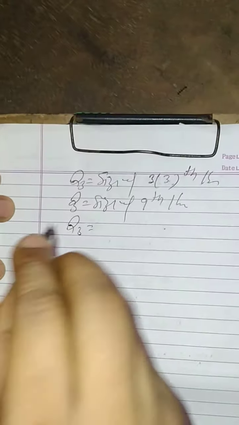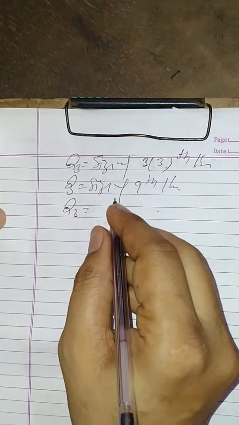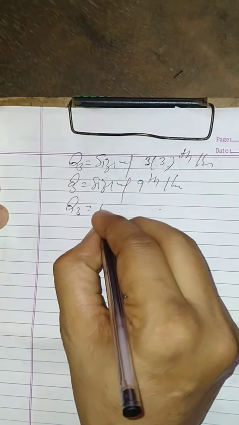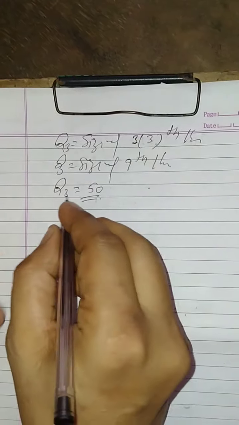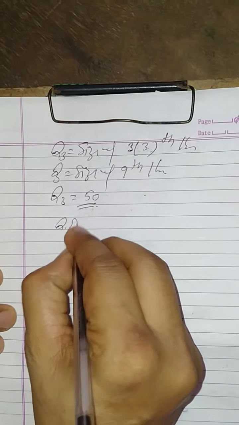So Q3 is the ninth item, which is 50. That's Q3.